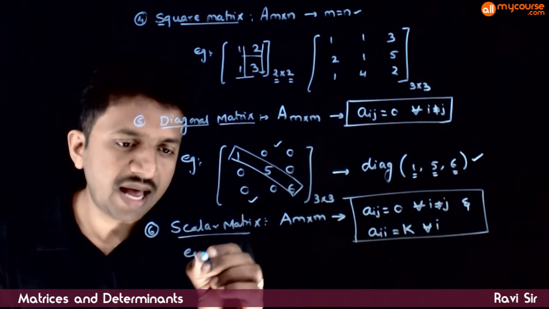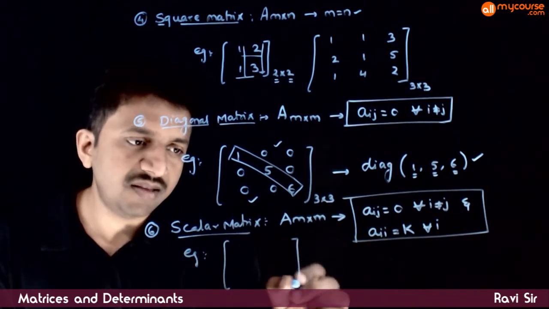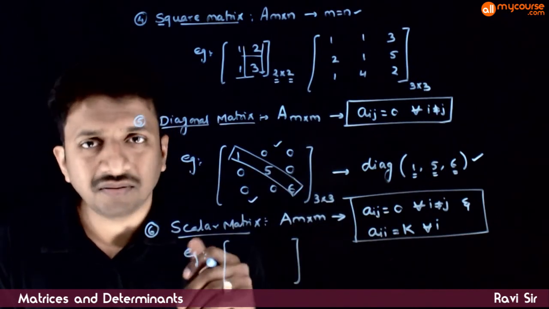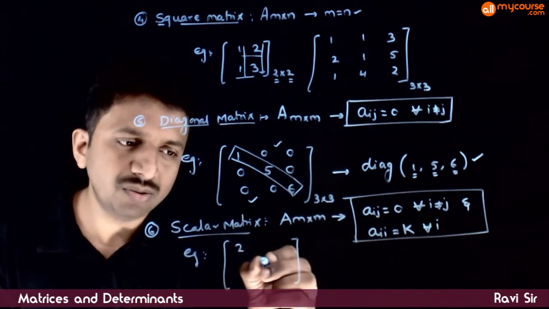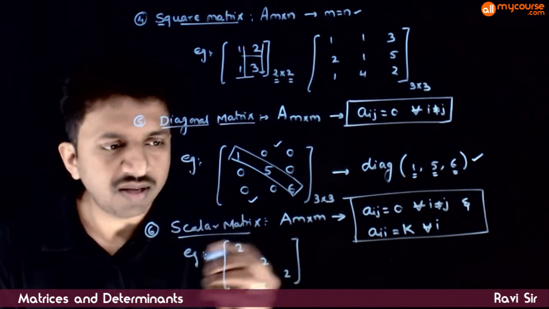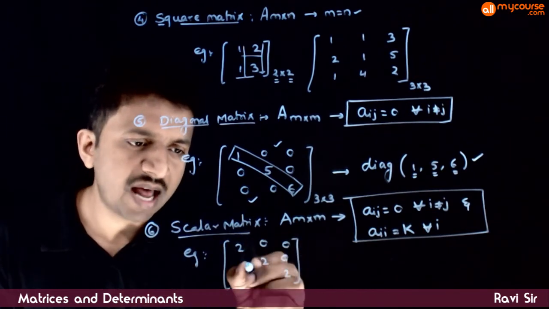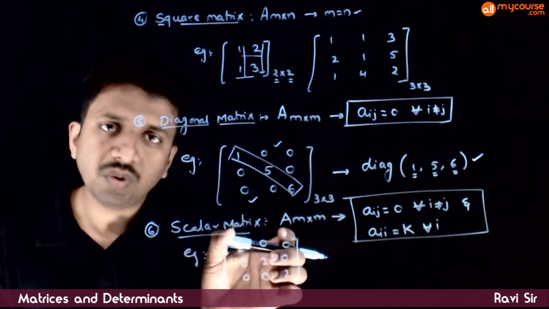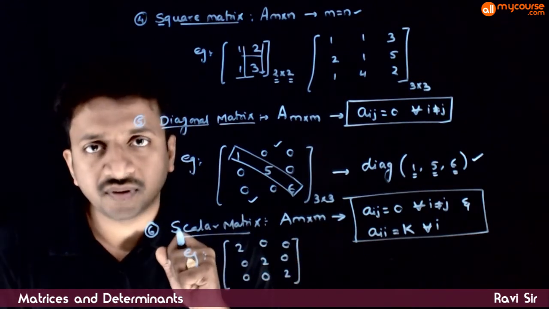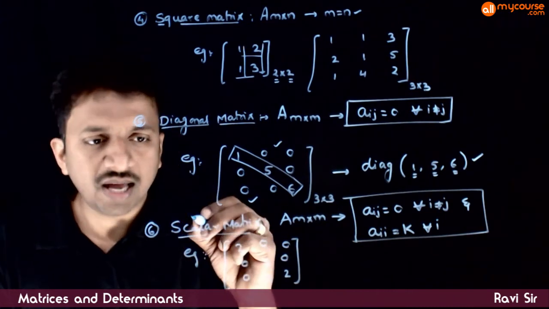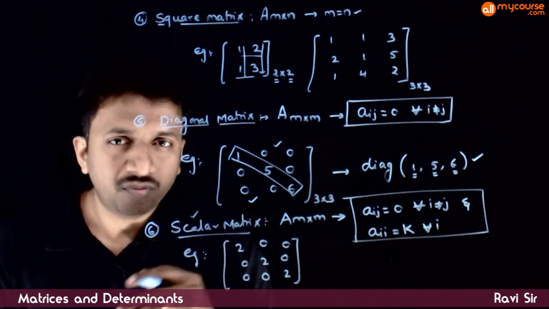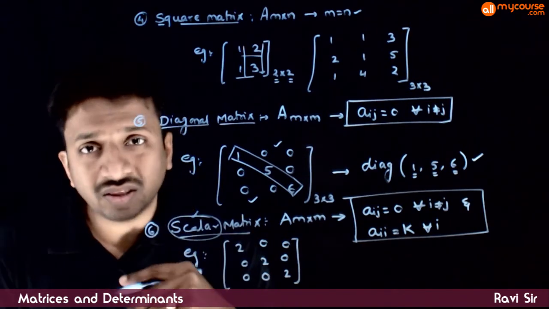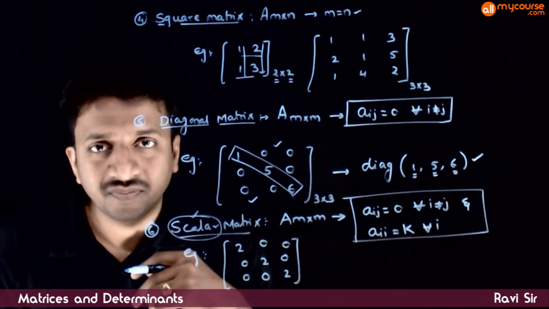For example, if you want a 3 by 3 scalar matrix, all the diagonal elements have to be the same, any particular number. It is 2, 2, 2, for example, and all the remaining elements have to be equal to 0. So it is a diagonal matrix whose diagonal elements are equal. Such a matrix is called a scalar matrix. We can see the justification for this name when you deal with matrix multiplication.